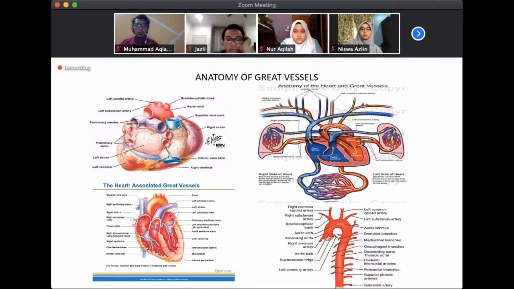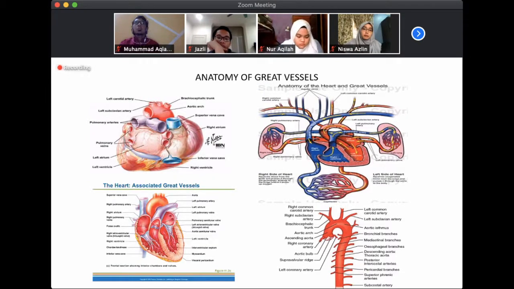Okay, faham tak? Some of us, when we did echo, maybe 2 or 3 of our pulmonary veins enter the left atrium. The other one maybe enters the right atrium, or the inferior vena cava, superior vena cava. Okay, this is what we call partial anomalous venous return.